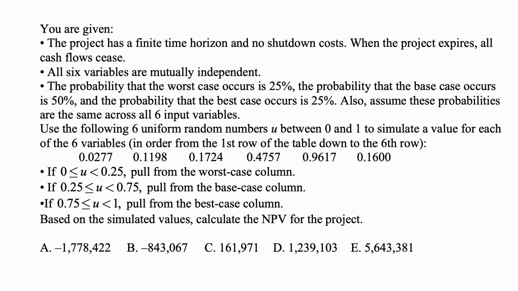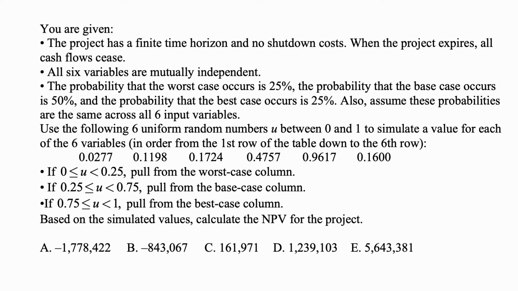And here you have 6 random numbers between 0 and 1. If u is between 0 and 0.25, that means the probability of getting such a u is 0.25, and we assign the values from the first column, the scenario of the first column, to all of those values.